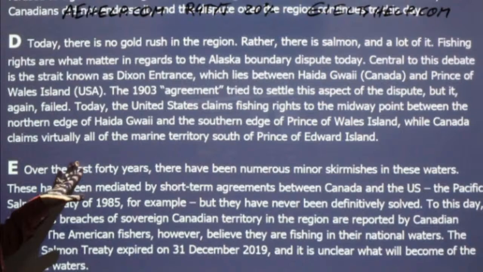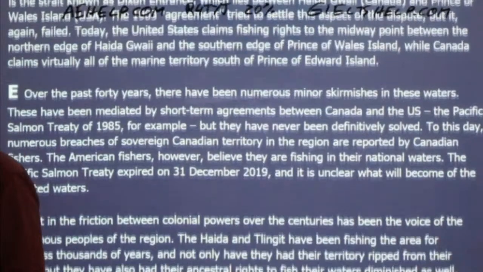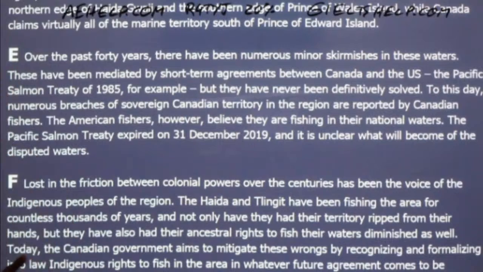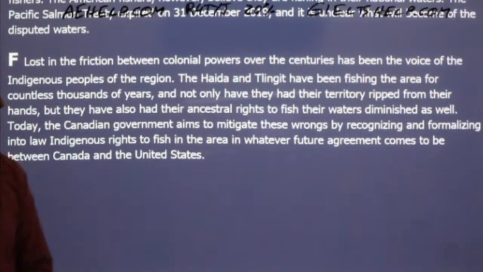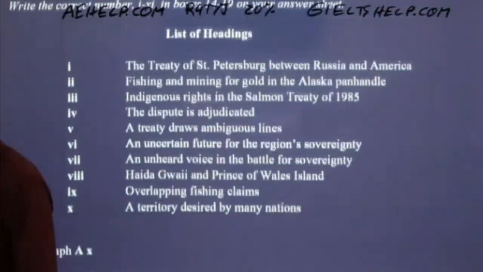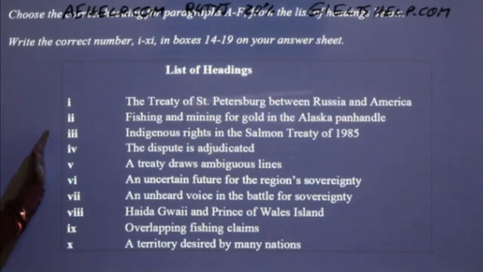Here's paragraph D. You should be able to read it. Here's paragraph E. I'll leave that up for a moment, so at the end of the video you can clearly read that. And here's paragraph F. And here is the list of headings one more time. So that's what you're choosing from.